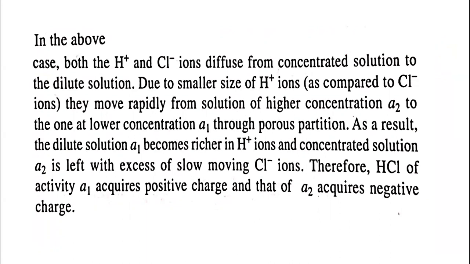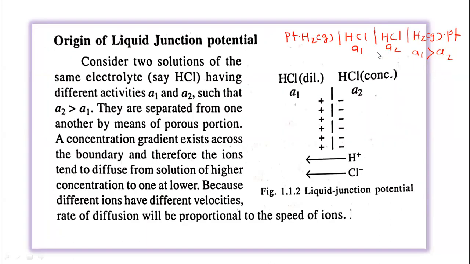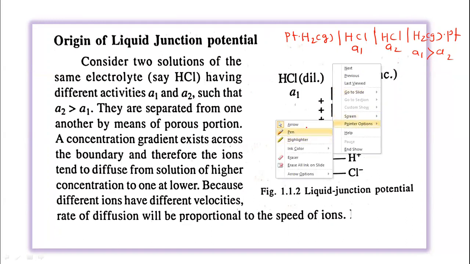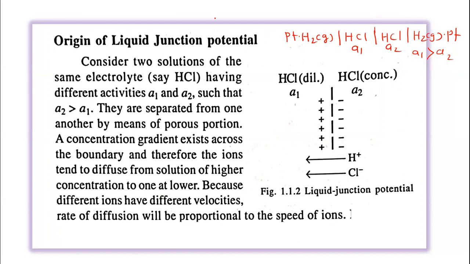Due to the smaller size of hydrogen ions, they move rapidly from the solution of higher concentration A2 to the lower concentration A1 through the porous partition, because A2 is greater than A1.